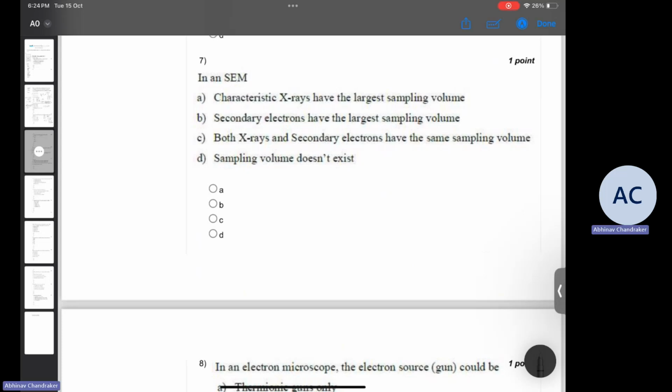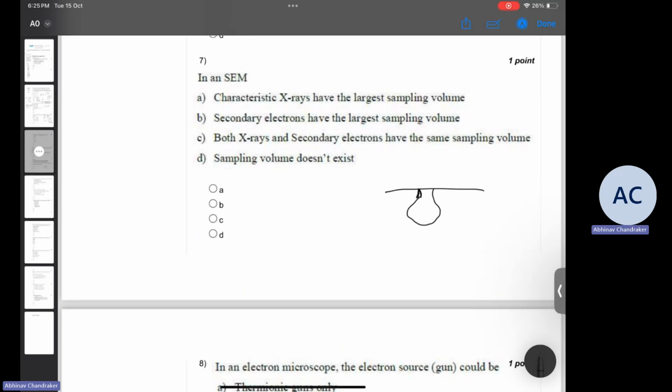When we were discussing SEM, we had talked about what sampling volume is. In brief, it's the volume in the material from which we get the specific signals which we are talking about.